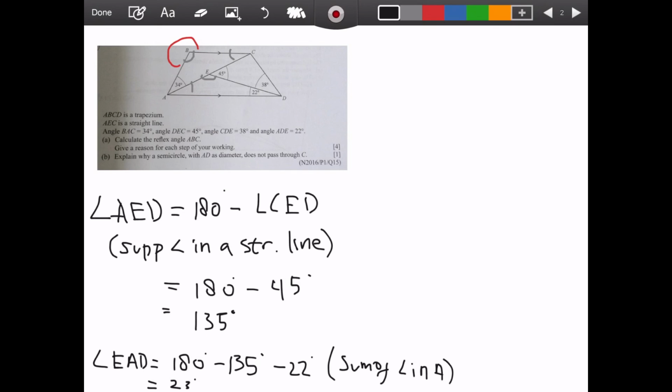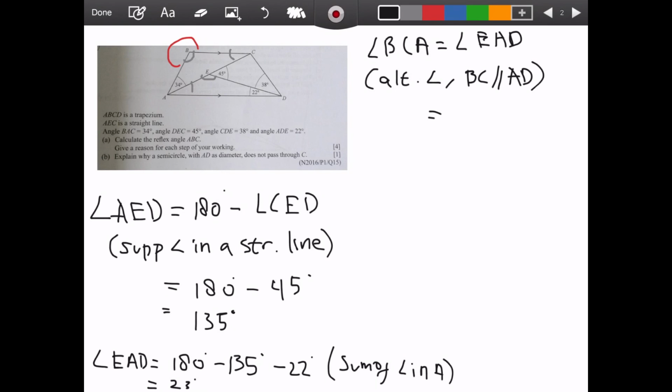Now, like we said earlier, angle BCA is equivalent to angle EAD, and the reason is that this is an alternate interior angle, because BC is parallel to AD. So the angle BCA is equivalent to 23 degrees.